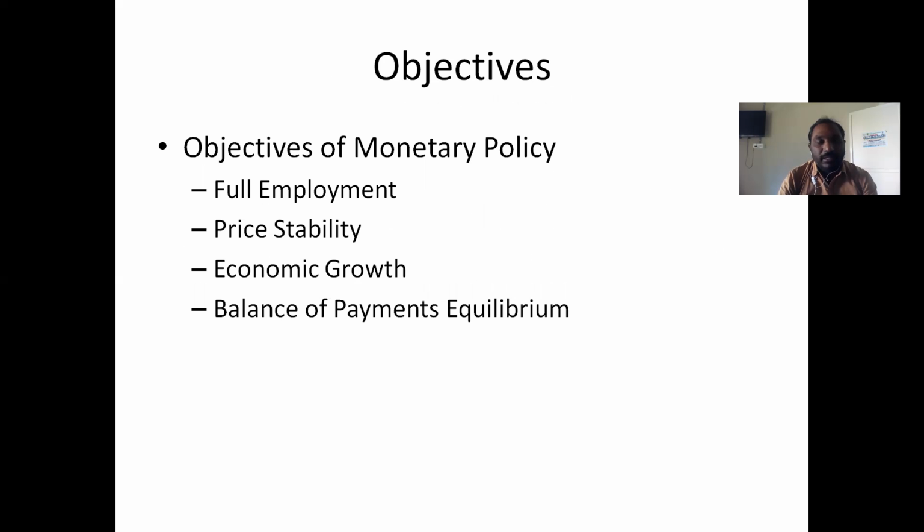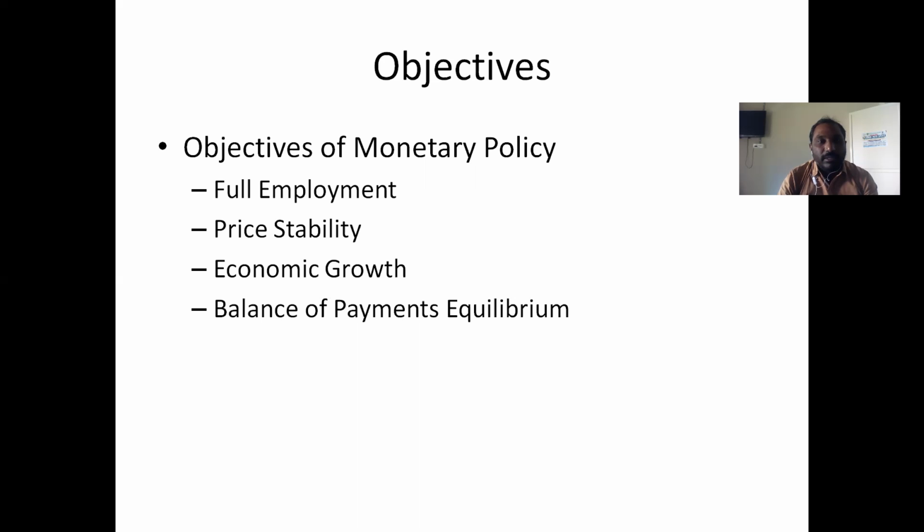It is creation of employment opportunities to all employable persons. And the second objective is price stability. As you know, prices change. It is a continuous phenomenon, but there should be a stabilizing force between the movement.